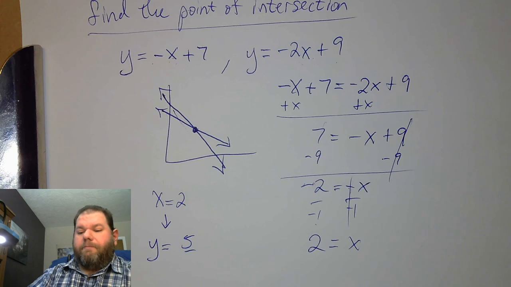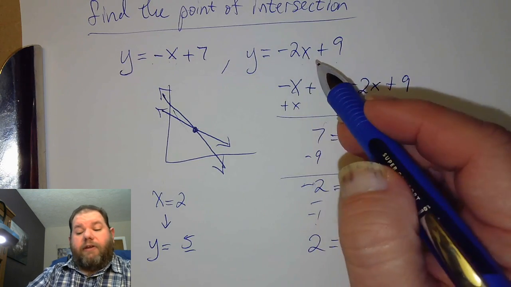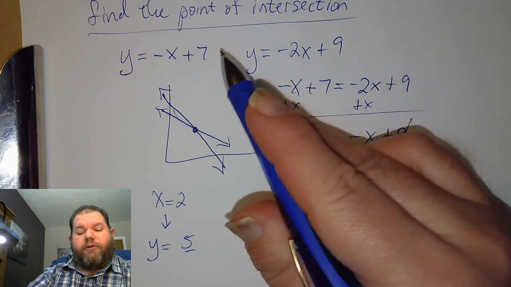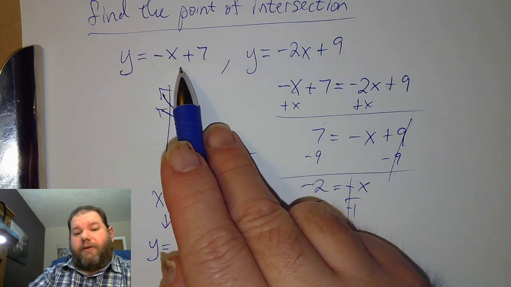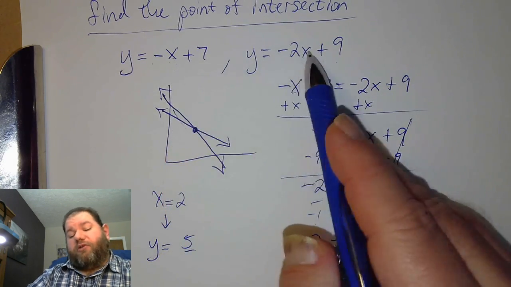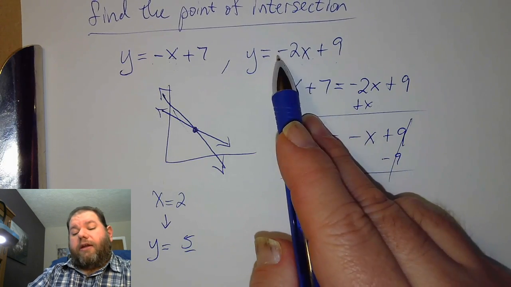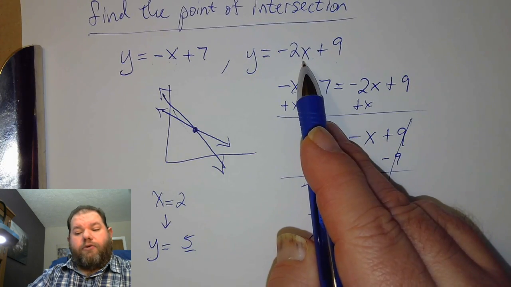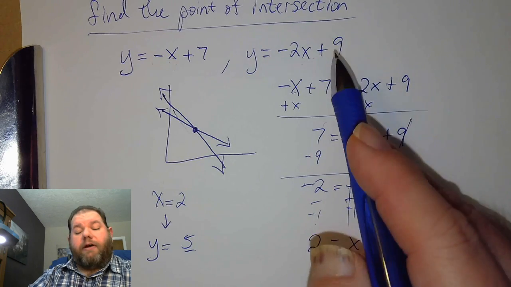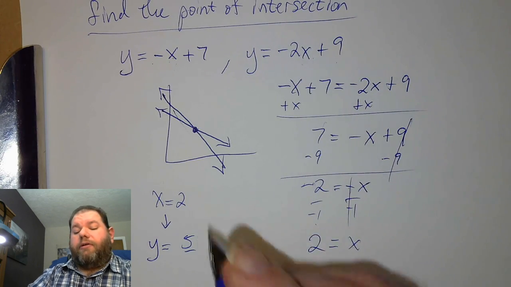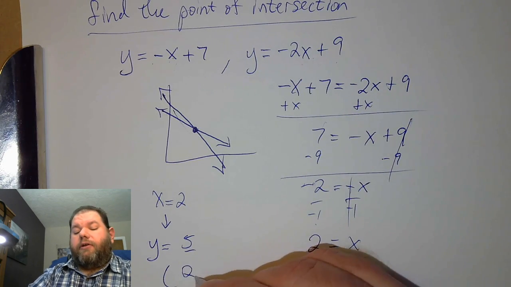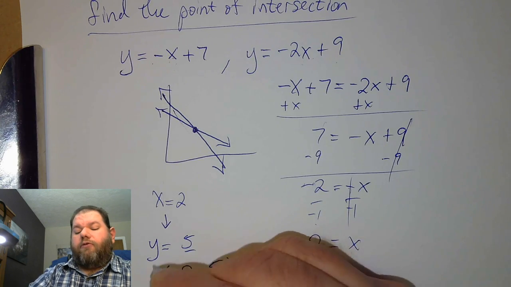And again, we actually get the same thing here, so we just pick one or the other. Probably this is the easier one to work with, but we could plug it in here. -2 times 2 is -4, plus 9 does make 5, because it's 9 minus 4. So our coordinate where they intersect is 2, 5.